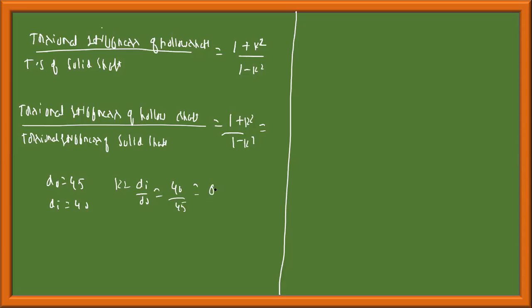0.888. Therefore, let us write: which is equal to 1 plus 0.88 the whole square by 1 minus 0.88 the whole square. What is the value you are getting? 7.86. Is it 7.86, 1 plus 0.88 the whole square by 1 minus 0.88 the whole square? Correct, is that Raghavendra? Yes, sir.